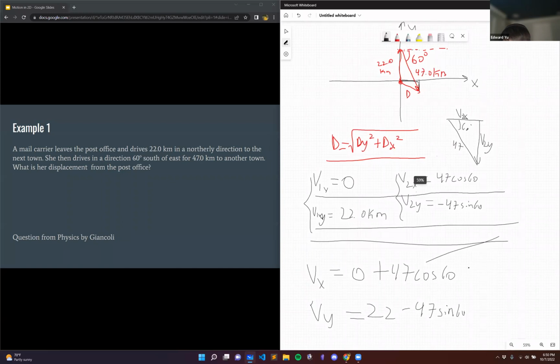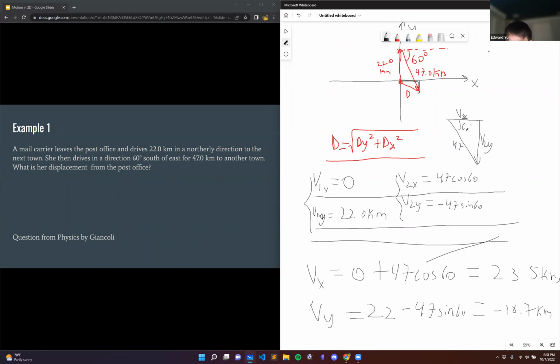I have the exact numbers: this one would be 23.5 kilometers in the positive direction, and this one would be negative 18.7 kilometers in the negative y direction.